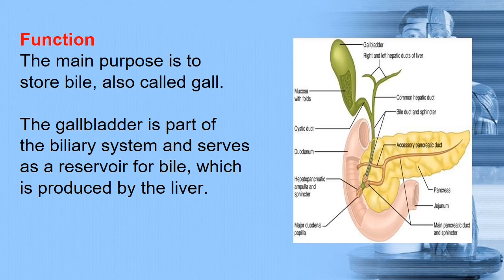Now we will see the function of the gallbladder. The main purpose of the gallbladder is to store bile, also called gall. The gallbladder is a part of the biliary system and serves as a reservoir for the bile, which is produced by the liver. Bile is produced in the liver and then stored in the gallbladder.